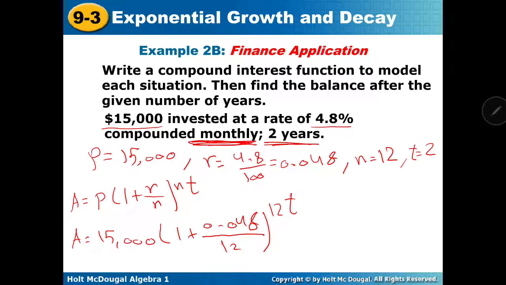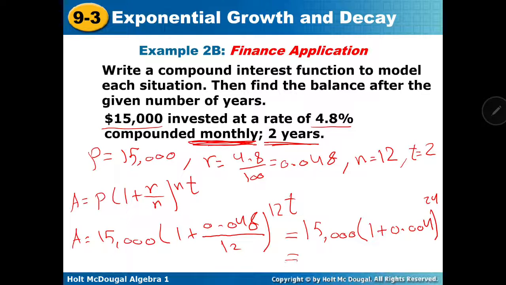Right? Now substitute in it. 15,000, substitute for t. 1 plus 0.048 divided by 12. I will find it to save space. It equals 0.004, all to the power 12t, and t is 2, so 24.